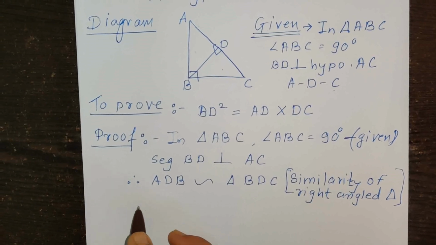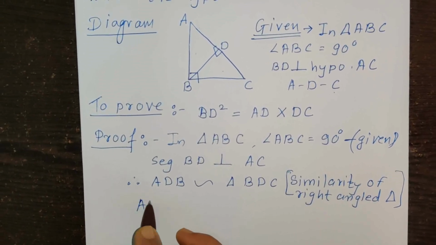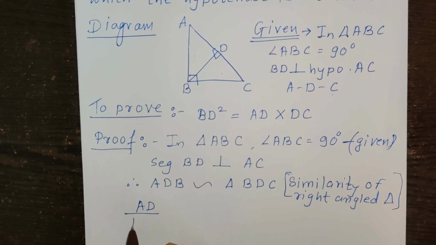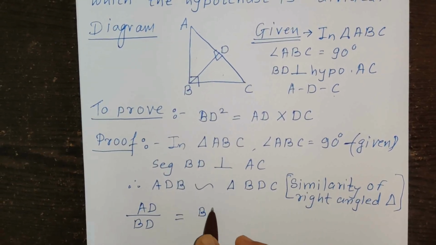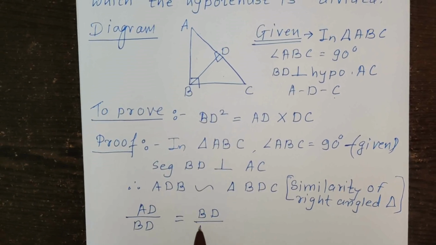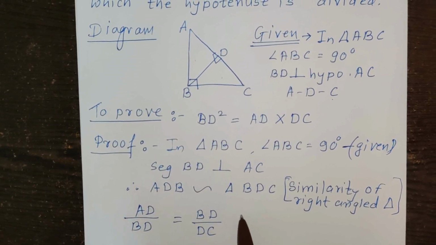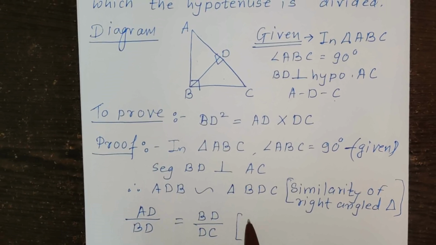According to that, we will write here AD upon BD equal to BD upon DC.